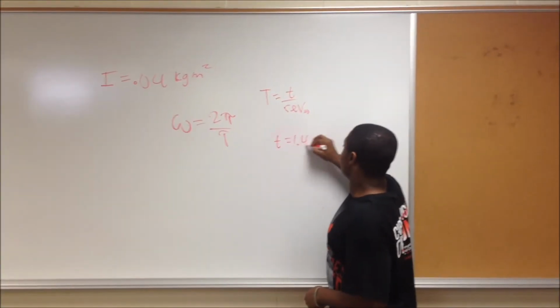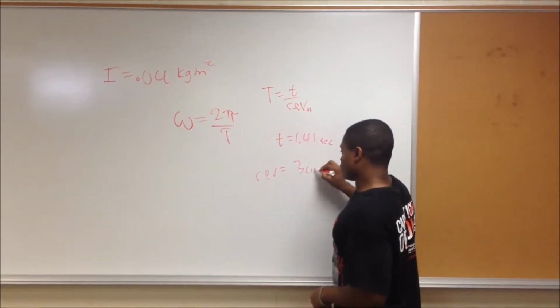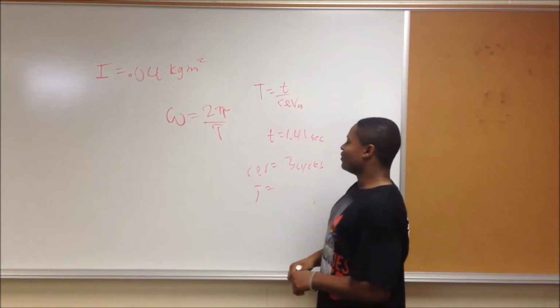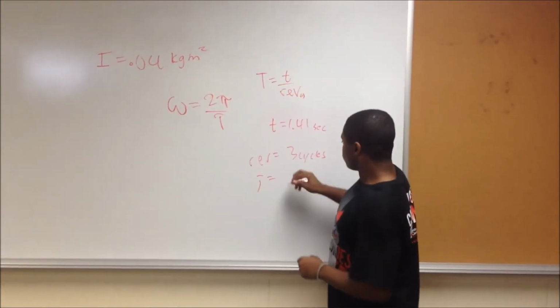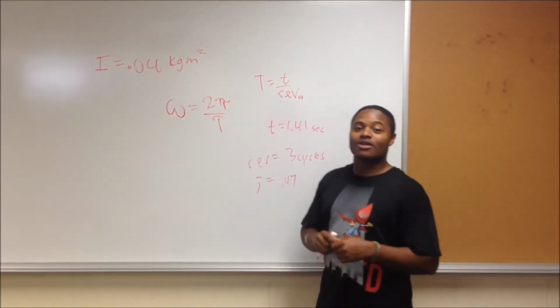Lowercase t was equal to 1.41 seconds, and the revolution was equal to 3 cycles. When we calculate for capital T, we find that it was 0.47. This was the number of seconds it took for it to complete one revolution.